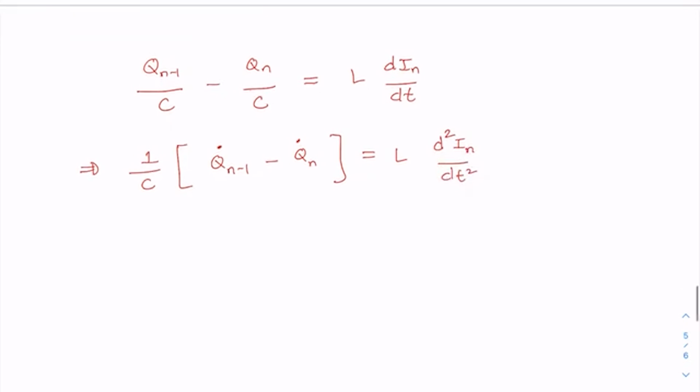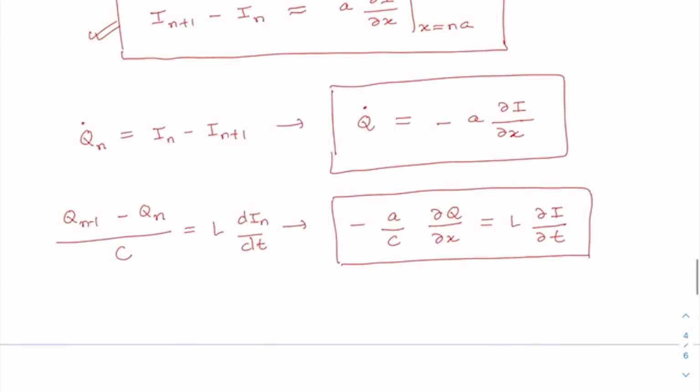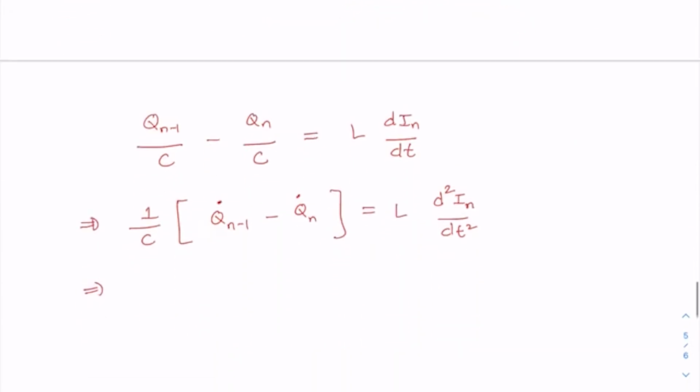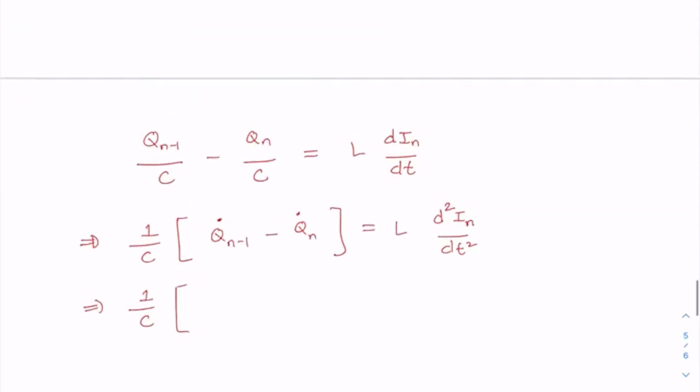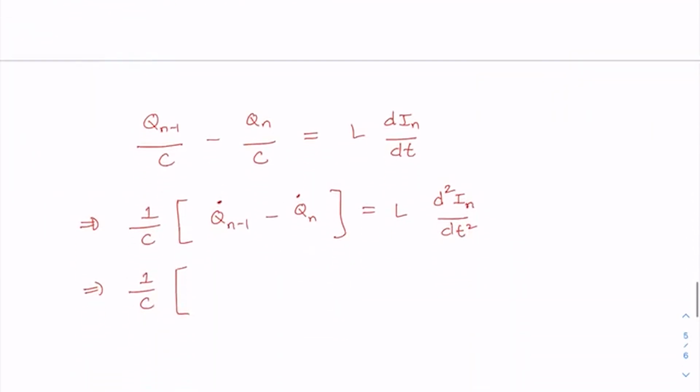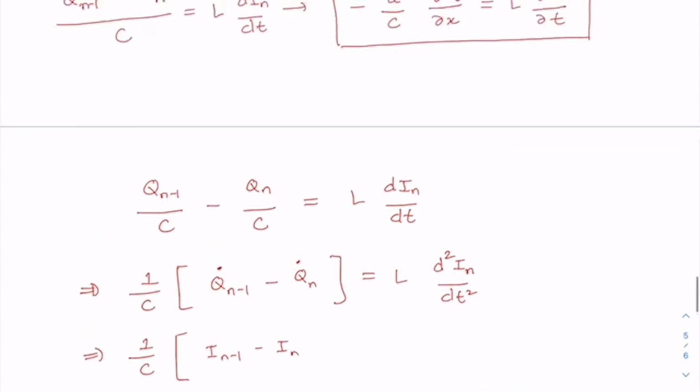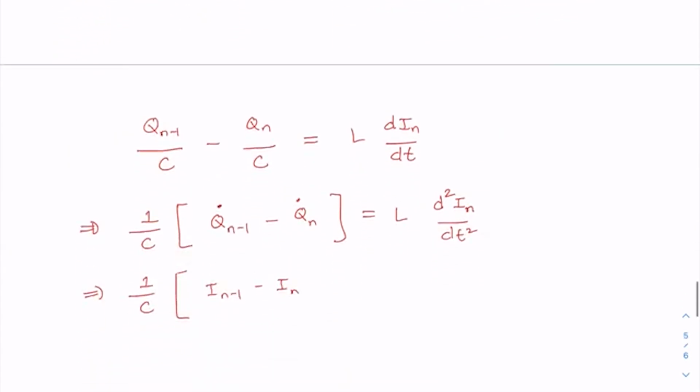I can get rid of the charges by using this equation that I have written earlier, that is charge conservation, that is Q dot n minus 1 is I n minus 1 minus I n. Okay, I hope you can see that.